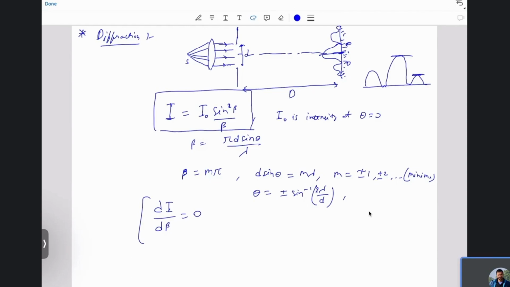So that's why we have this condition, and using this condition you will obtain a result. When you do this differentiation, you will get sine beta times (beta minus tan beta) equal to 0. So one condition will be beta equal to m pi.